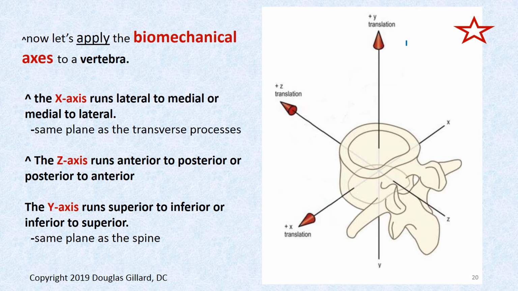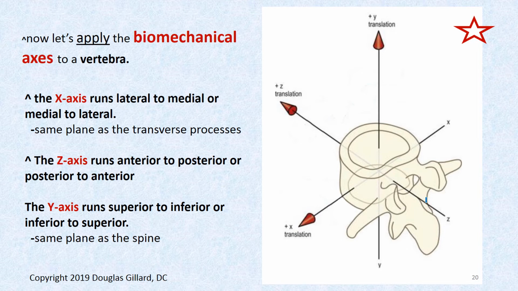I won't get into these pluses, but just to at least tell you about them, a plus x translation means a translation to the left, and a minus x would be over here. Plus z would mean the movement is heading toward the front.